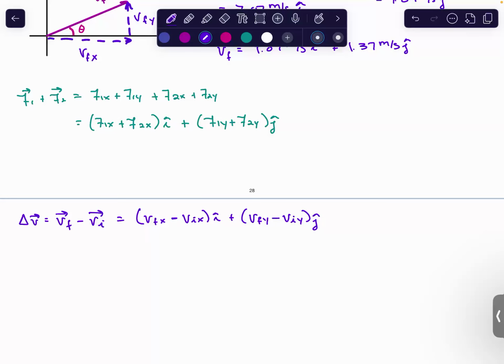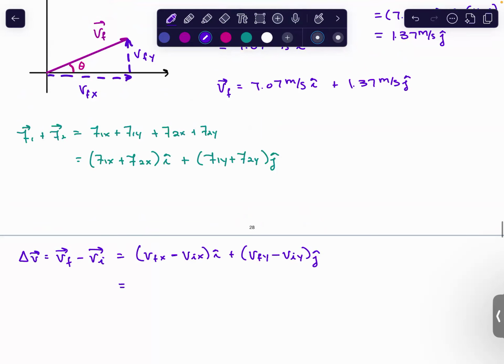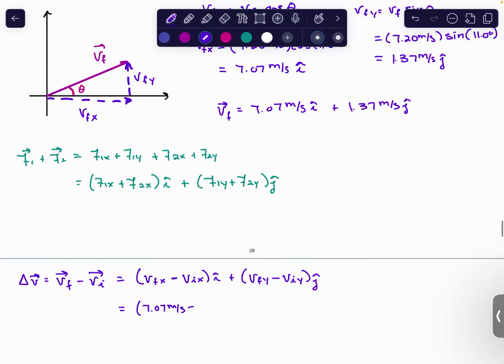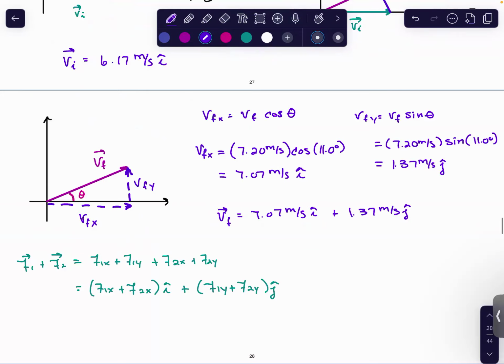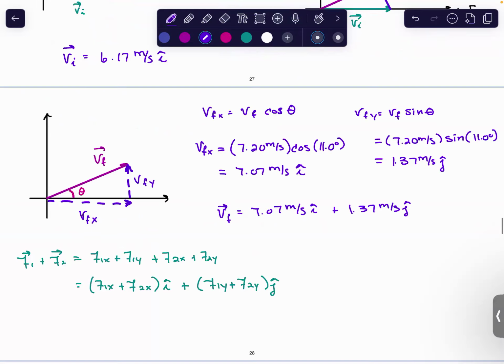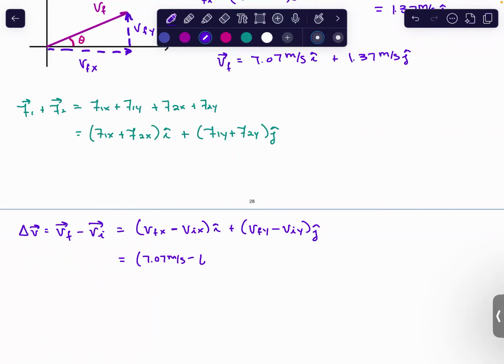And so then I start looking at my vectors. The x component for my final velocity, 7.07 meters per second, minus your v initial only has an I hat, so you're going to subtract off 6.17. Plus your v final y is 1.37 meters per second, and there is no y component for your initial vector.